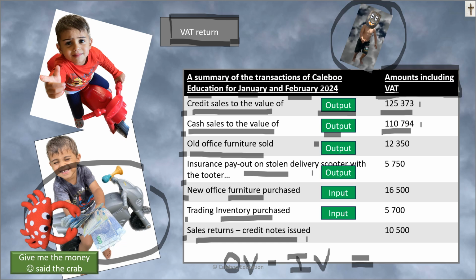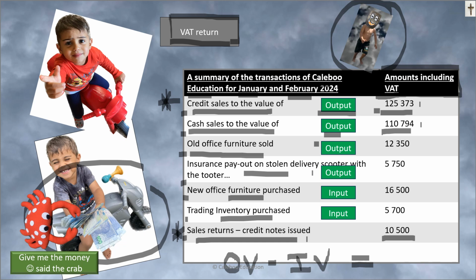There were credit sales in the 2 months to the value of 125,373. Of that amount, I need to pay output VAT. But now, what happened was there were returns to the value of 10,500, including VAT.